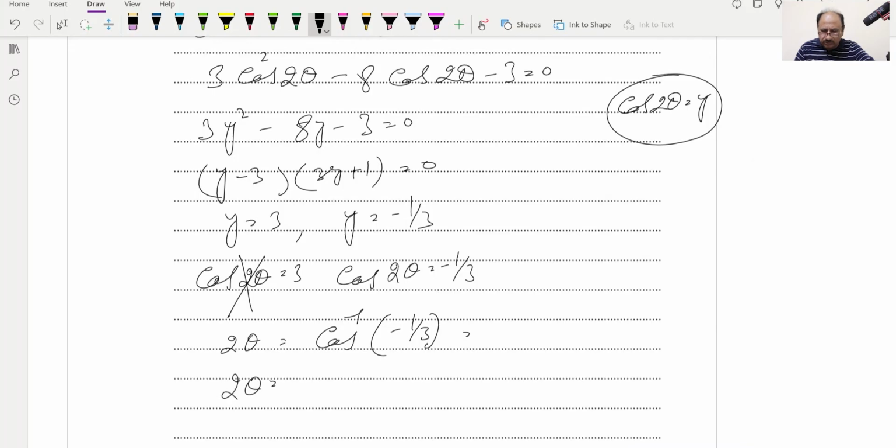So 2 theta is equal to 109.47. We can even check for cos inverse of 1 by 3, and this will be what?